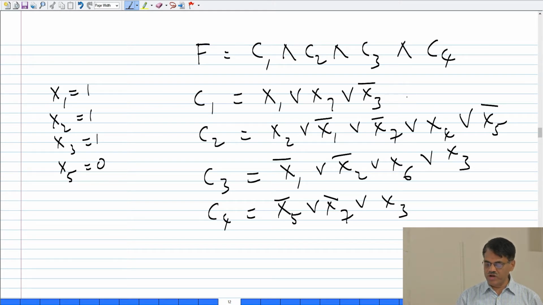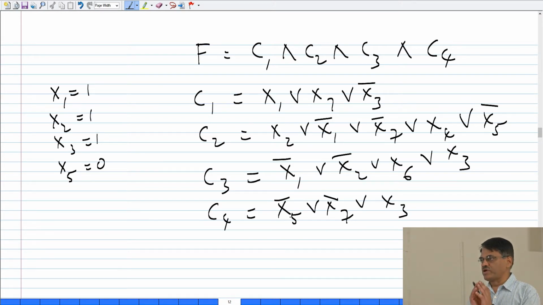So, x1 will satisfy this, x2 is equal to 1 would satisfy this, but x1 is 1 will make this 0. So, you need something else to satisfy this, which is x5 is 0 will make this 1, and x4, x6, x7 whatever you like, does not matter.